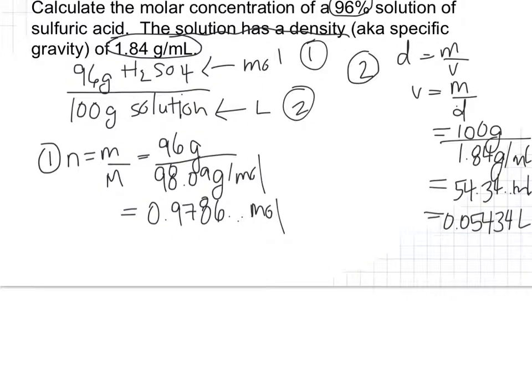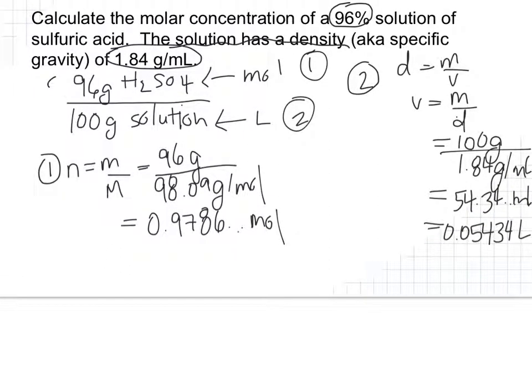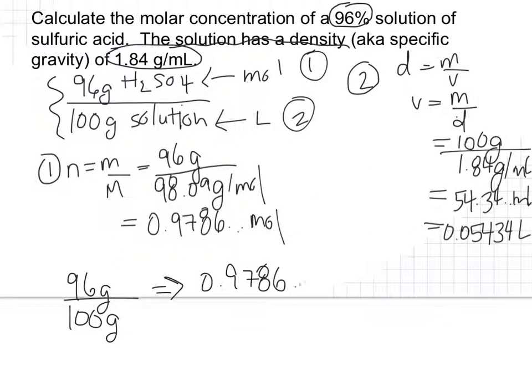Alright, so now let's set up our initial equation again. We had 96 grams of sulfuric acid per 100 grams of solution. We now know that that is the same as writing 0.9786 moles of sulfuric acid per 0.05434 liters of solution.